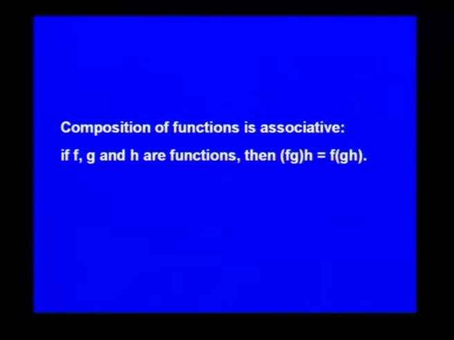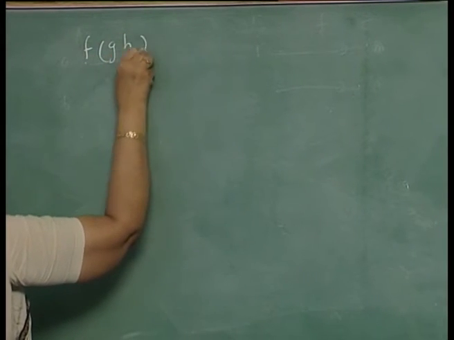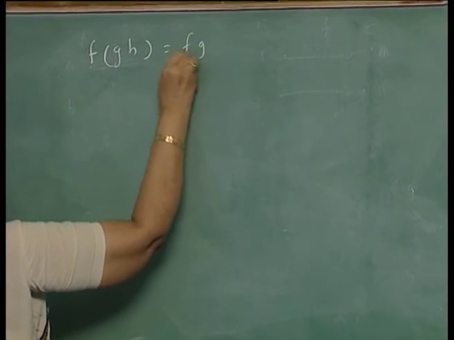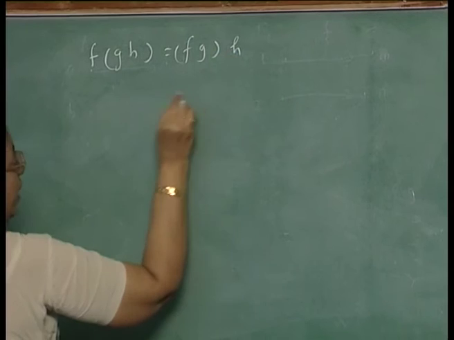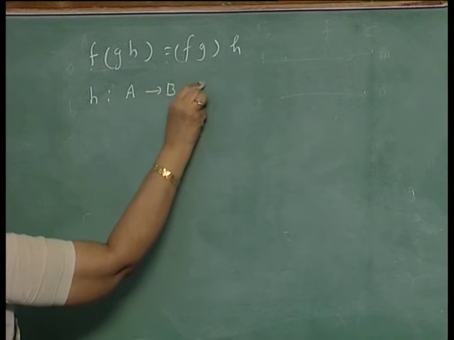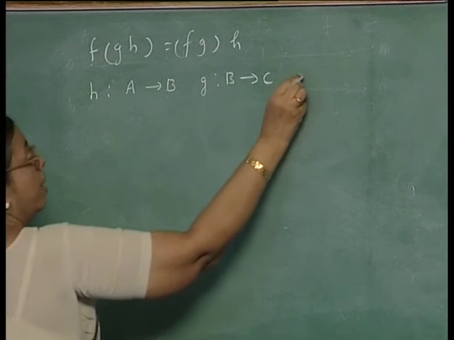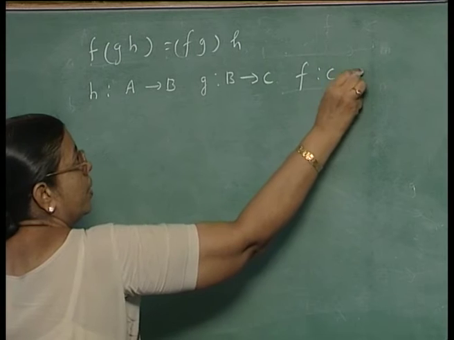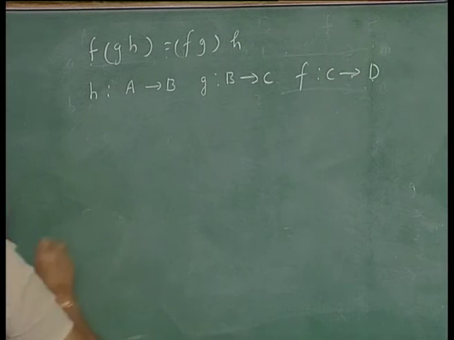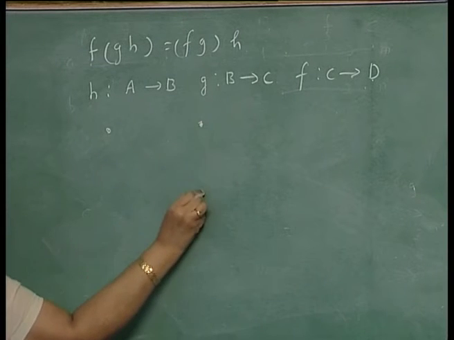The composition of functions is associative. Suppose you want to show that (f∘g)∘h is equal to f∘(g∘h). Now, h is a function from A to B, g is a function from B to C and f is a function from C to D. In the commutative diagram, you will represent it like this.